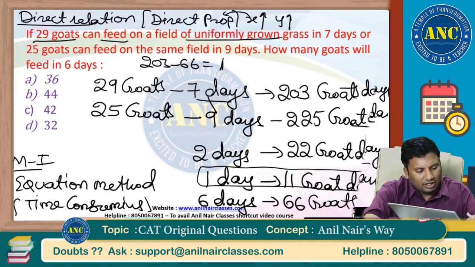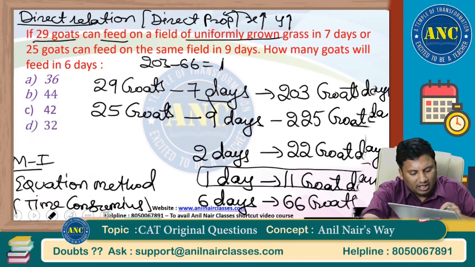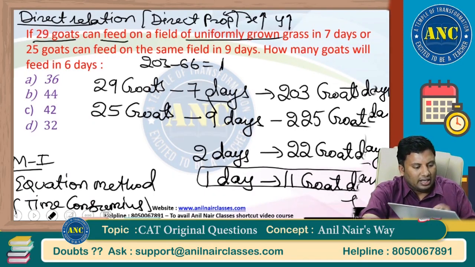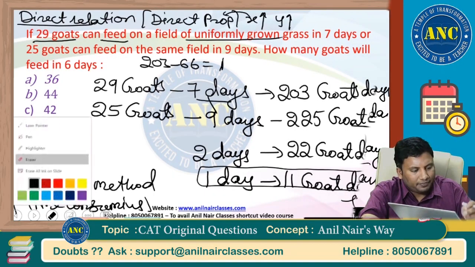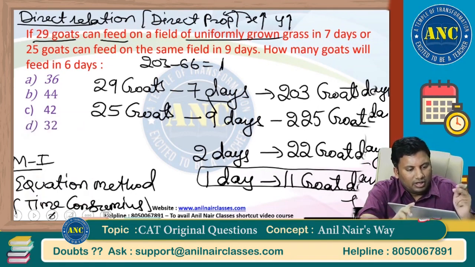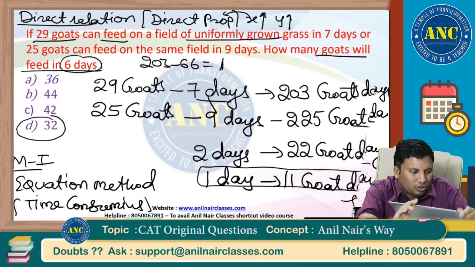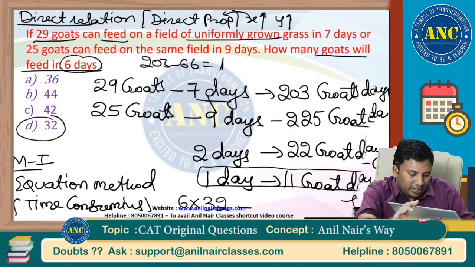So I think you don't need to do any calculation. Here you can go by the answer options. Now see here. How many goats will feed in 6 days? If it is 32 goats, 6 into 32 is 192 goat days.